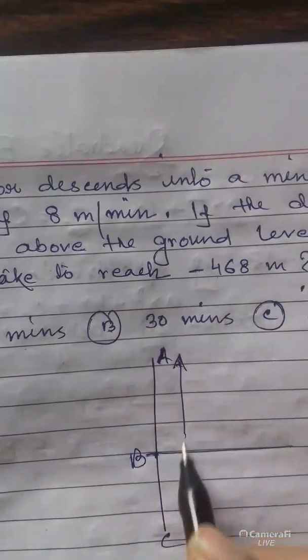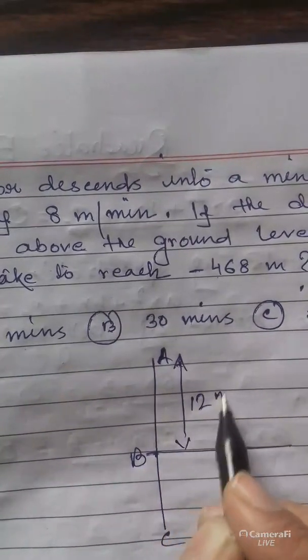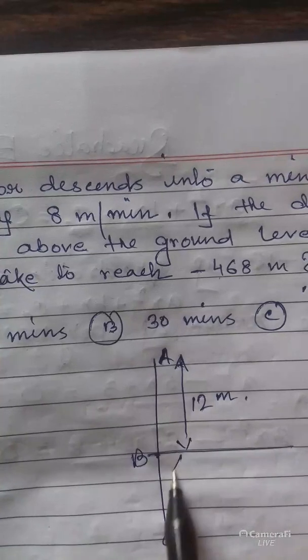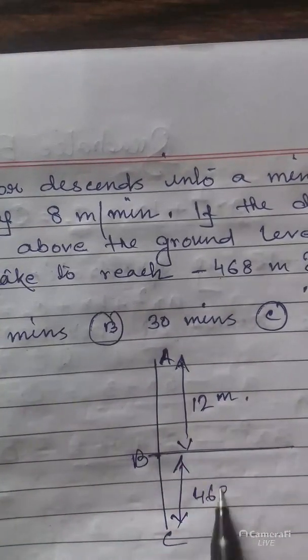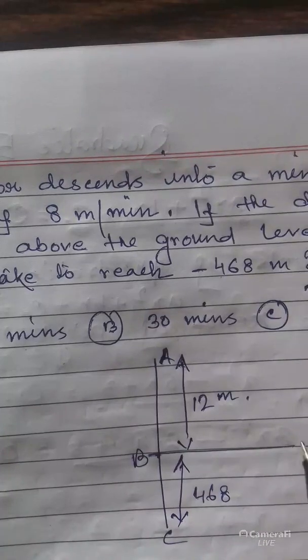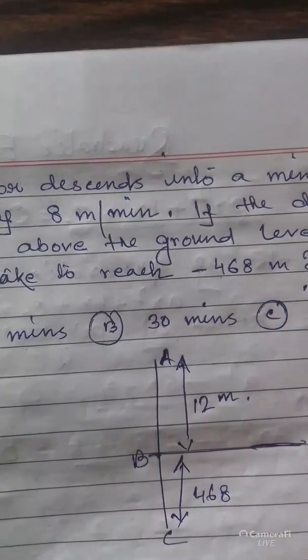A to B is 12 meters and B to C is 468 meters below the ground level.